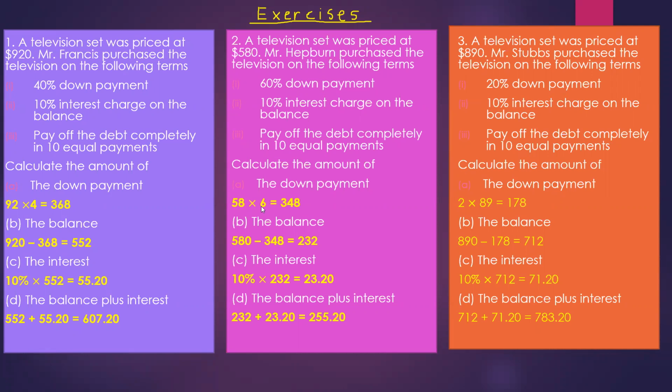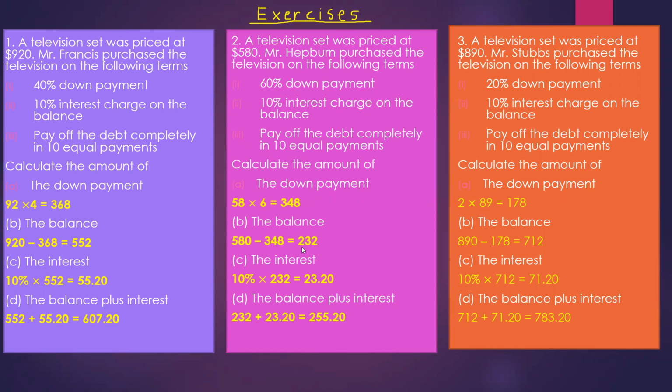Alejandro, can you explain exercise 2? Just start from A, because he read the question. Calculate the amount of the down payment. So the down payment would be 58 times 6, which is 348. And then B would be the balance, so 580 minus 348, which would be 232.